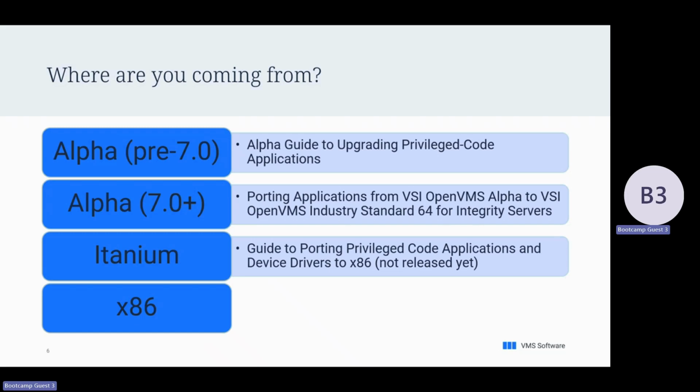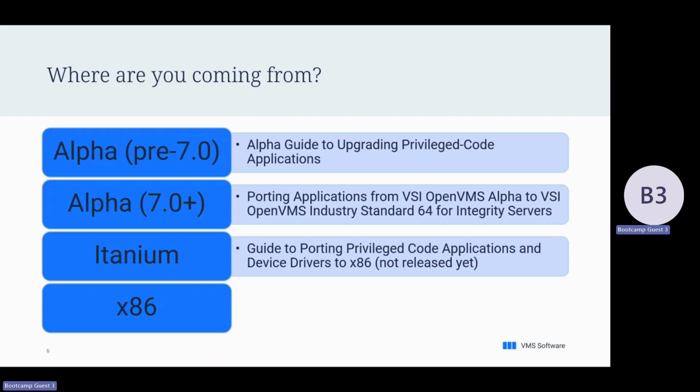So we're going to produce some resources. We're going to produce a guide to porting privileged applications and device drivers to x86. We haven't released that yet. It's a work in progress, but it will cover the topics that I'm going to talk about. That's great if you're coming from Itanium, but if you're coming from Alpha, you may also want to take a look at documentation for porting applications from Alpha to Itanium.